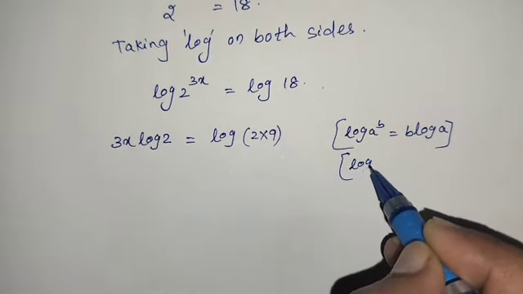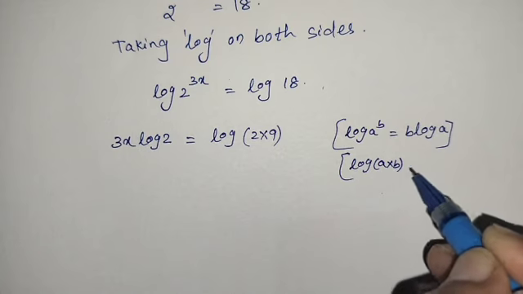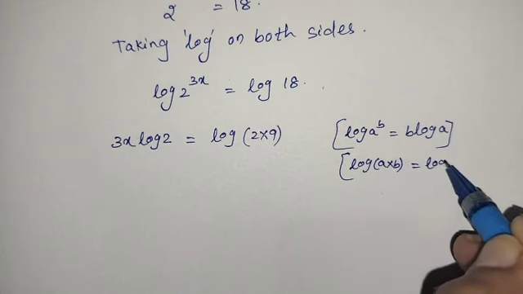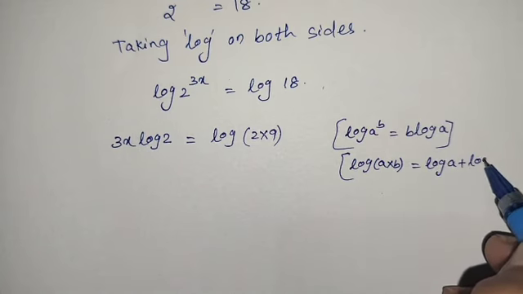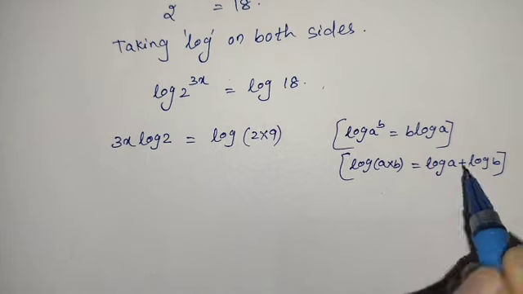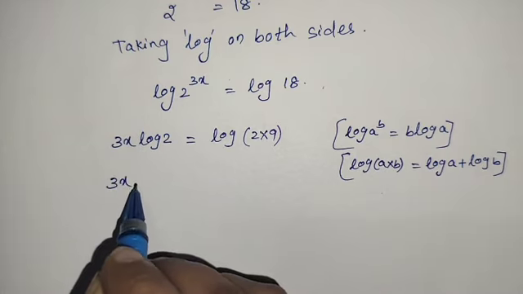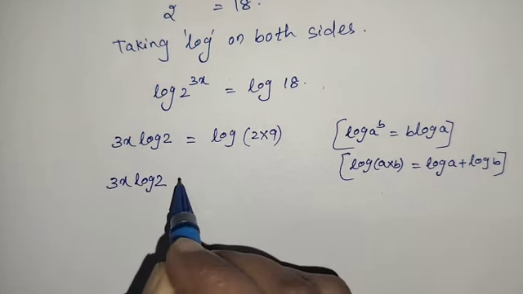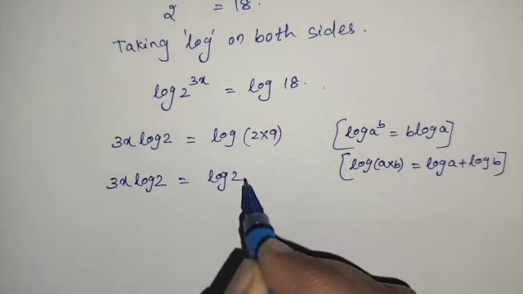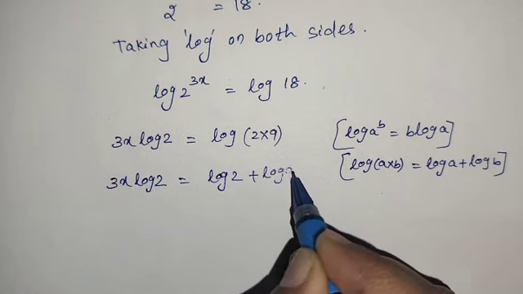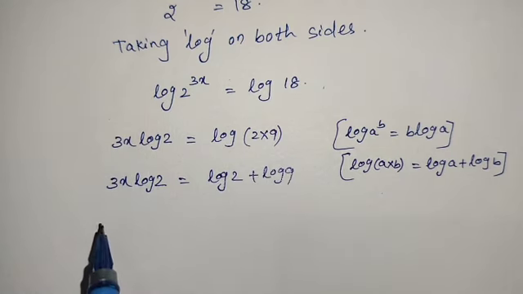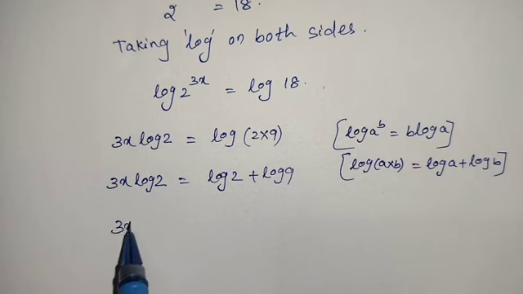Another one is log of a into b is equal to log a plus log b. 3x log 2 is equal to log 2 plus log 9. Then divide by log 2 on both sides.